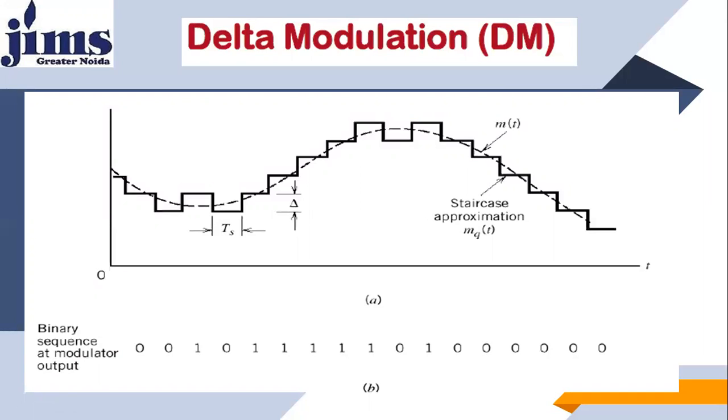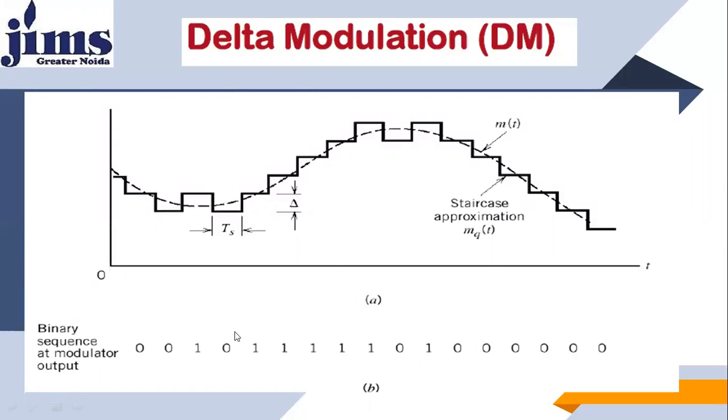Means the present voltage sample is more as compared to the previous sample voltage, and the staircase signal's output is 1. So one will be transmitted, then 0. Look at this binary sequence at the modulator output.